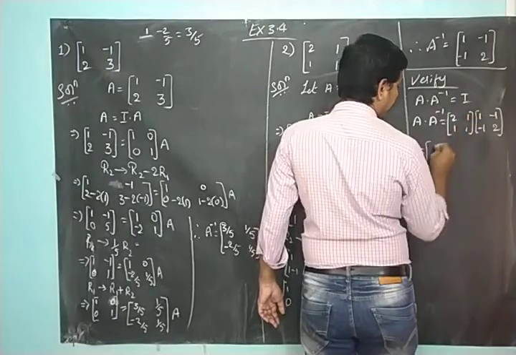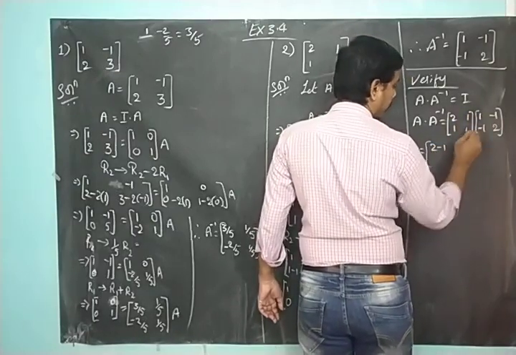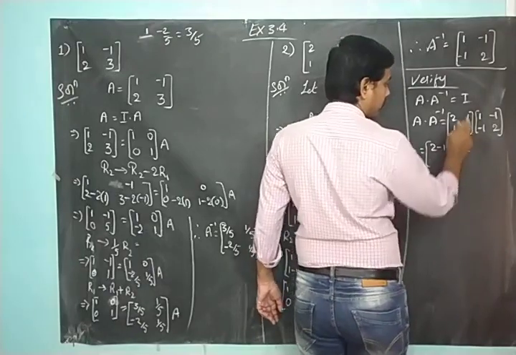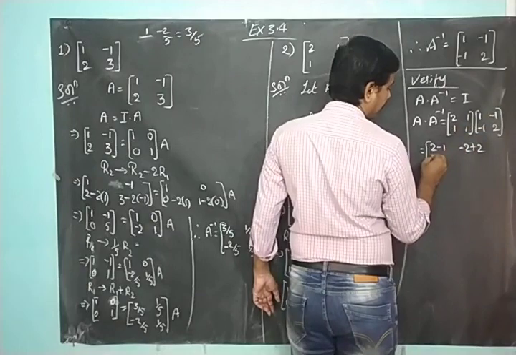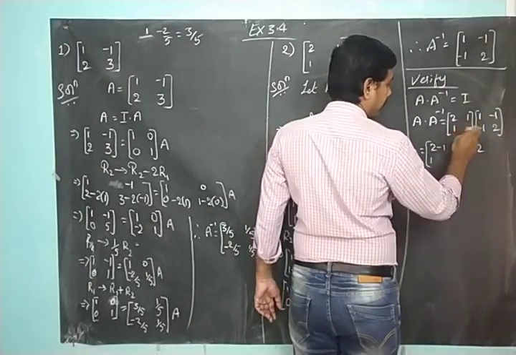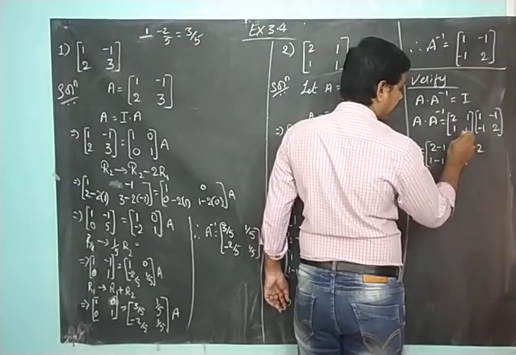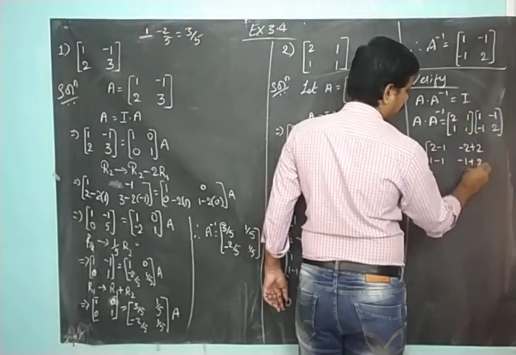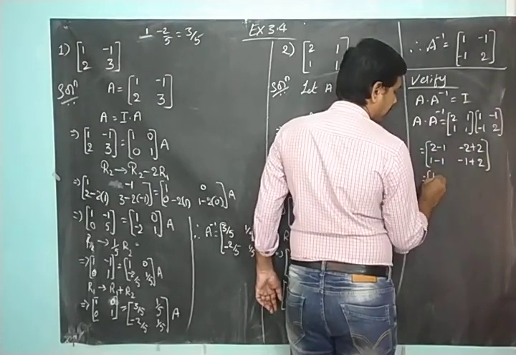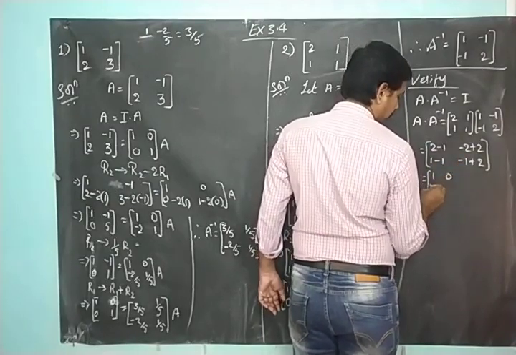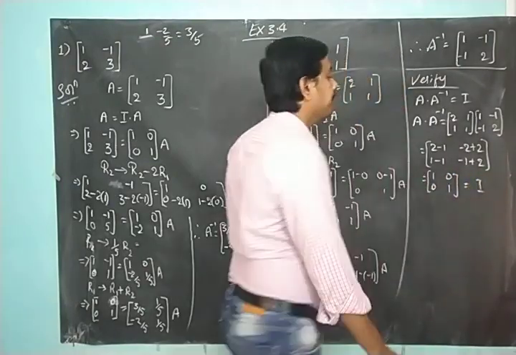Multiply this. 2 into 1 is 2, 1 into minus 1 is minus 1, 2 into minus 1 is minus 2, 1 into 2 is plus 2. 1 into 1 is 1, 1 into minus 1 is minus 1, 1 into minus 1 is minus 1, 1 into 2 is plus 2. 2 minus 1 is 1. This is 0, this is 0, this is 1, which is nothing but identity matrix.